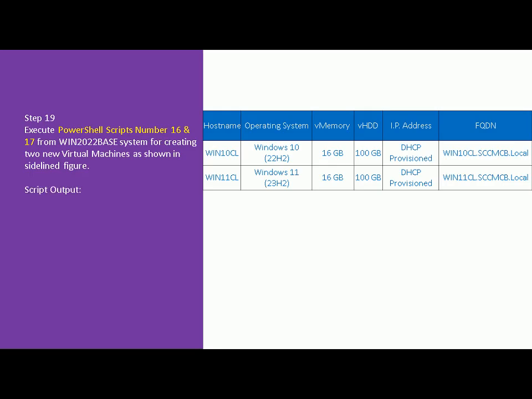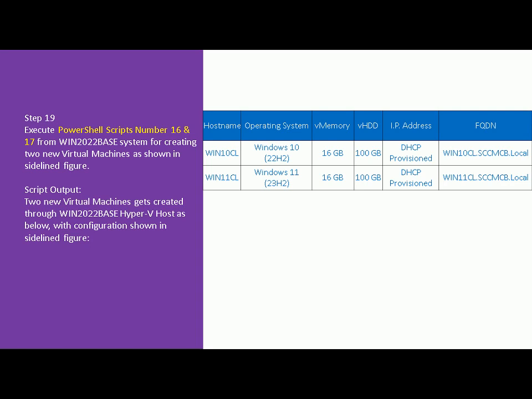So we have executed scripts number 16 and 17, and the scripts' output is that two new virtual machines get created through the Windows 2022 based Hyper-V host as below, with the configuration shown in the side figure. That we have already completed.